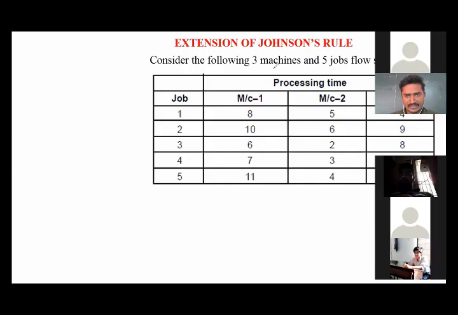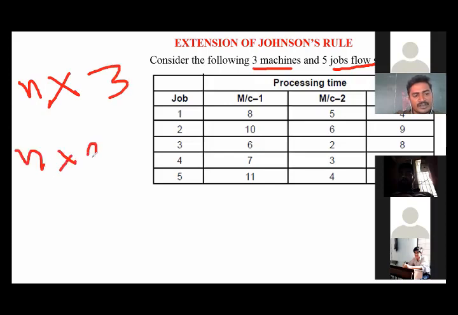In this example we consider three missions and five jobs. So these are the process times of these three missions, and these are the jobs 1 to 5 given. So here I would like to convert this n jobs three missions into n jobs two missions by checking the condition.